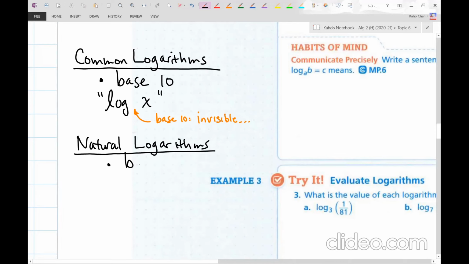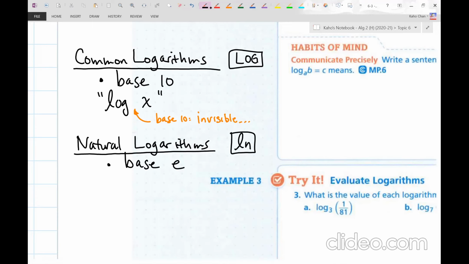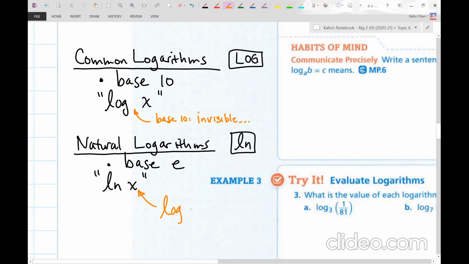It's base E. Now remember, log is a button, and because E is so special, natural logs get their own button, ln, on your calculator. So keep an eye on that. Mathematically, you'll see ln x. ln x is just a fancy way of saying log base E of x. That's all. It's just log base E, okay? No big deal. This will come into play later on.